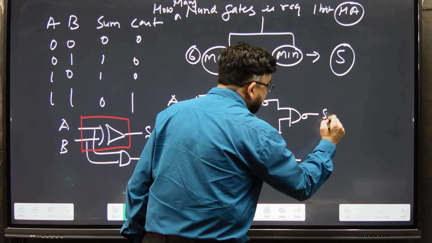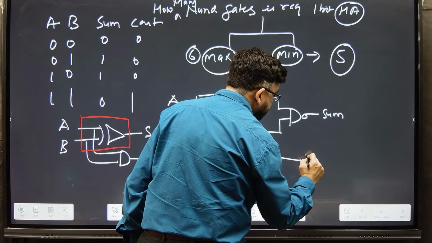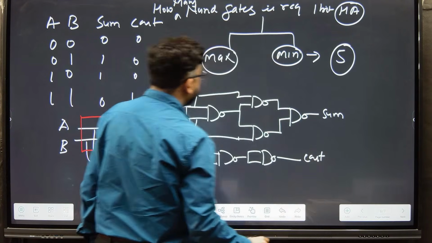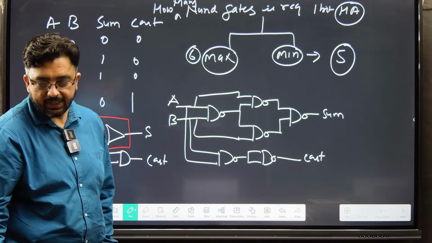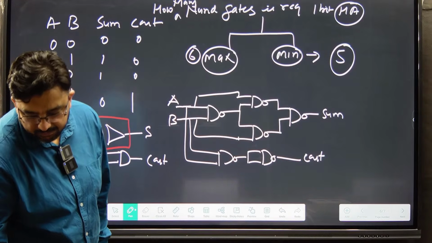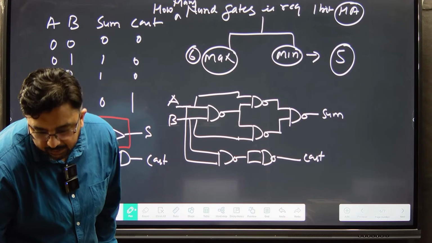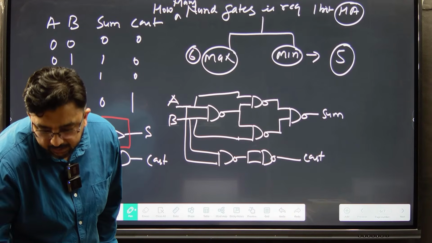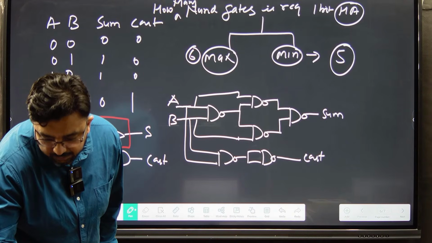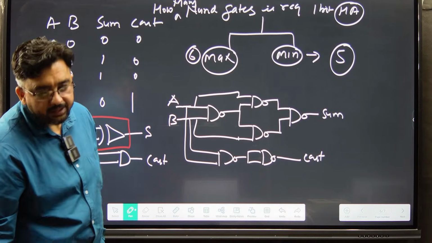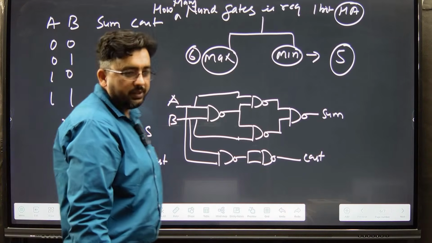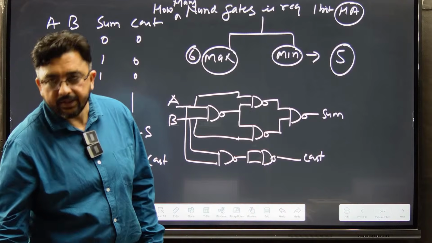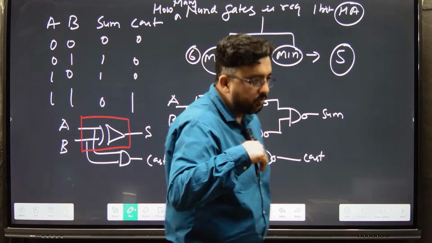So the interview question is, out of how many maximum number of NAND gates, why do we generally prefer NAND gate compared to NOR gate? No, I don't think there is as such any reason, but I know the reply.